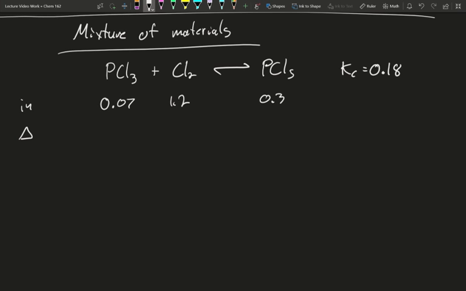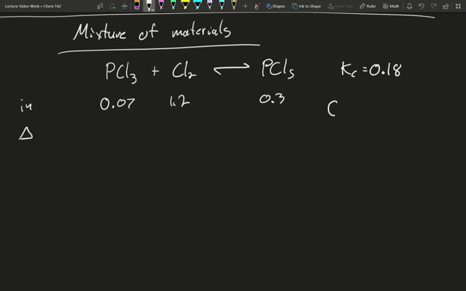It changes how my change component will go, which gets minus x, which gets plus x. If I'm moving towards products, I'm going to increase my products and reduce my reagents. But if I'm moving towards my reagents, towards the starting materials side, the left, then I'm going to increase the starting materials and decrease the product.